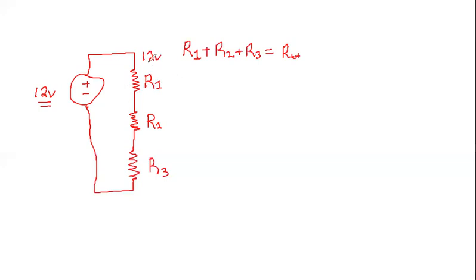So we know that's 12 volts here, but what is our value at this location? Well, the value at this location is easily found. It is going to be from our R total that we found earlier.